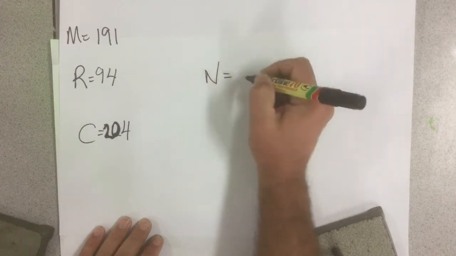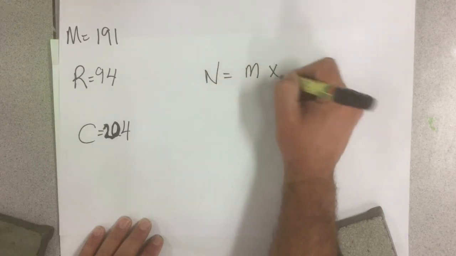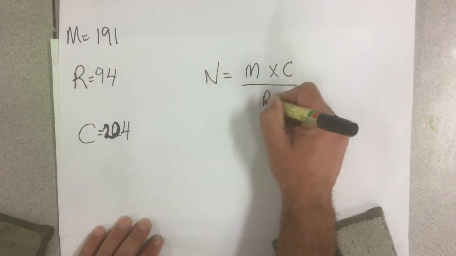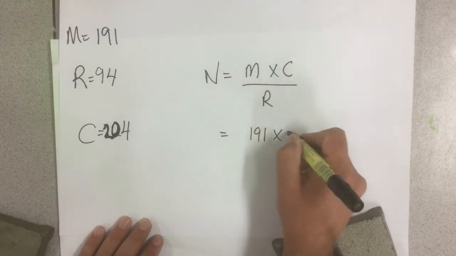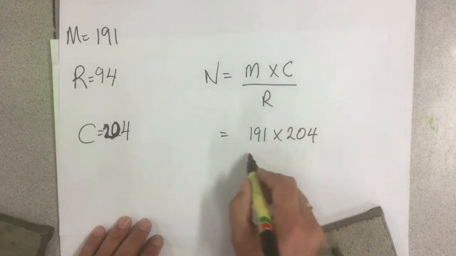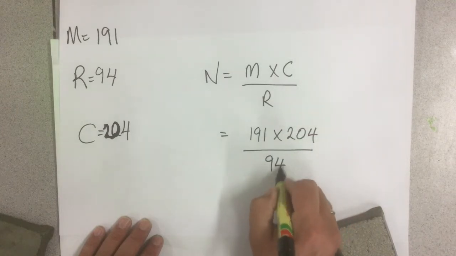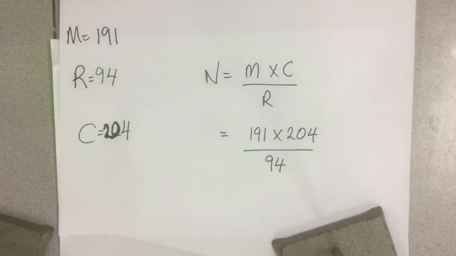Having completed our second capture, we are now able to start our calculation, where N, the number of individuals, is equal to M, the number of individuals in the first capture, multiplied by C, the number of individuals in the second capture, divided by R, the number of individuals that were recaught.